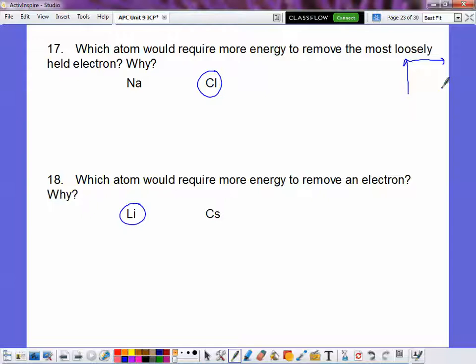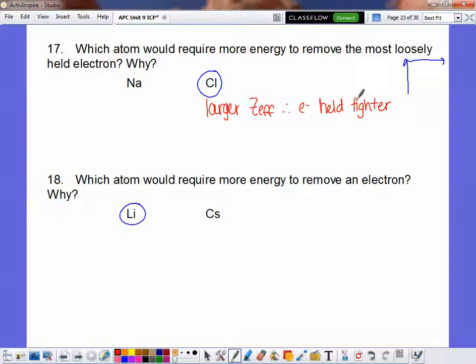We would use Zeff to explain the first one because, remember, the reason for the horizontal difference across a period is Zeff. Chlorine has a larger Zeff, therefore those electrons are held tighter, so it requires more energy to remove it.